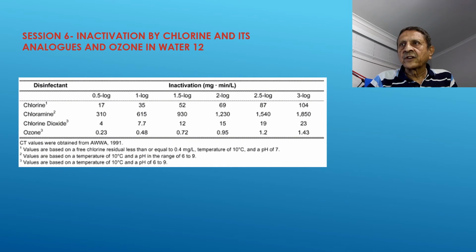And for free chlorine, we put it as the optimum pH of 7. And for chloramine, which exists only in the pH 6 to 9, and for chlorine dioxide and ozone, the pH is 6 to 9.